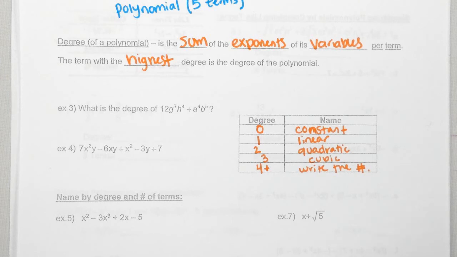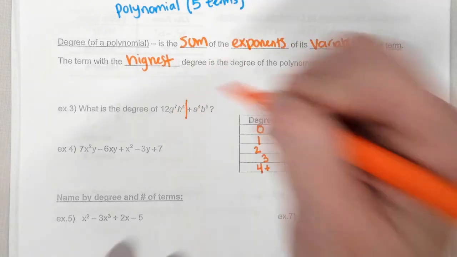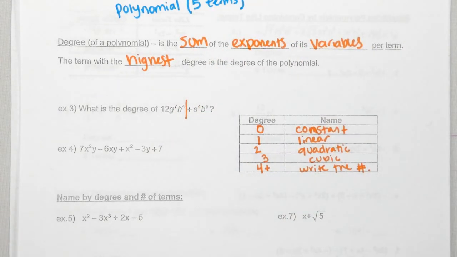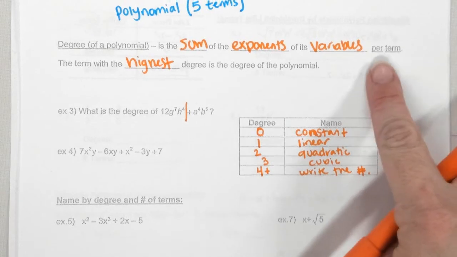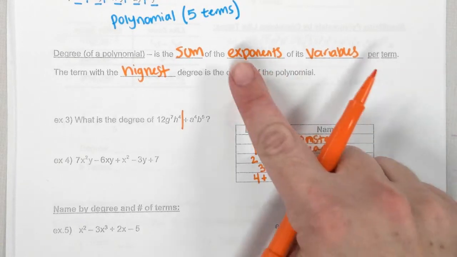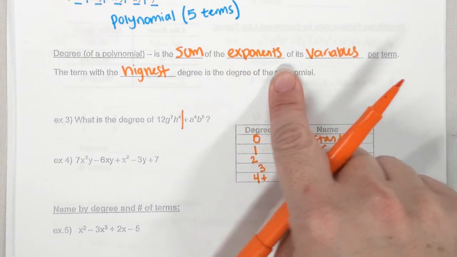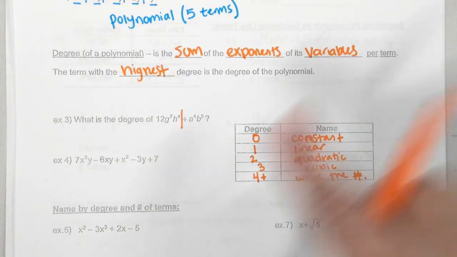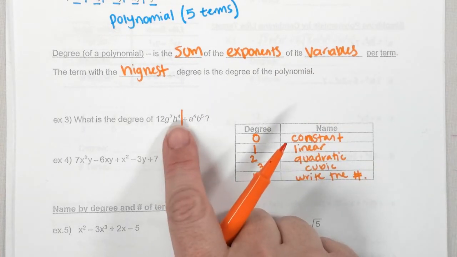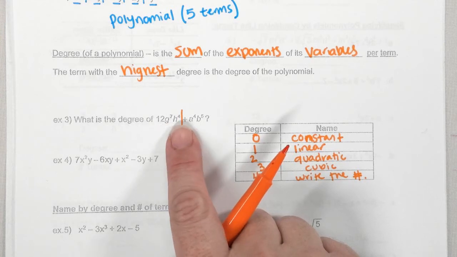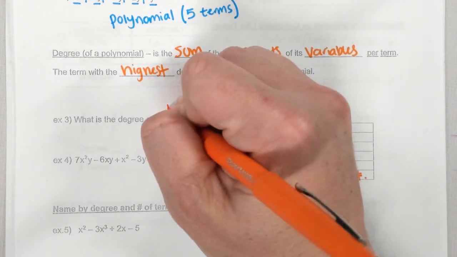Okay, so knowing that, it says, what is the degree of this first expression? Well, again, I'm going to separate my terms. And the reason being is because, remember, we're looking per term. And we're going to add the exponents of the letters per term. So looking at this first term, I have two variables. So what's 7 plus 4? 11.